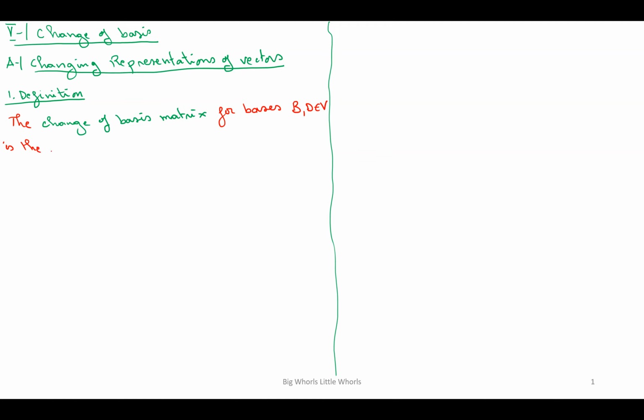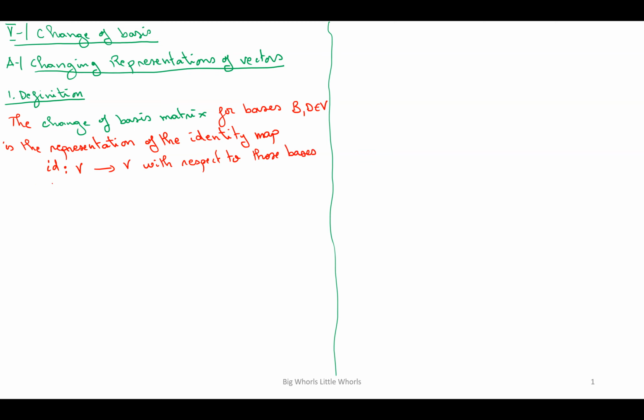So the representation of the identity map, defined as id from V to V. We are not changing the domain space, with respect to those bases.